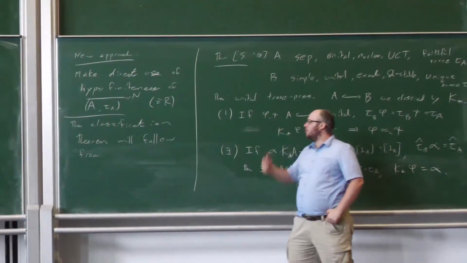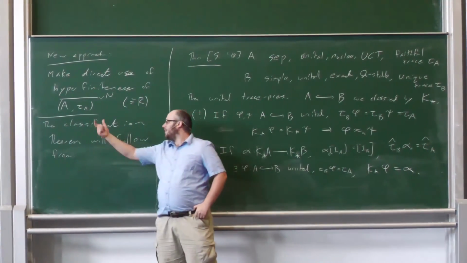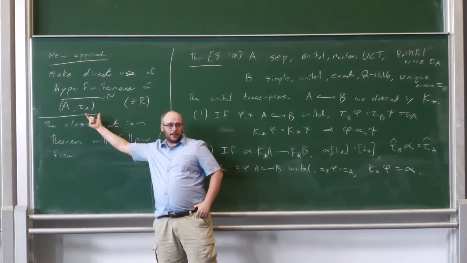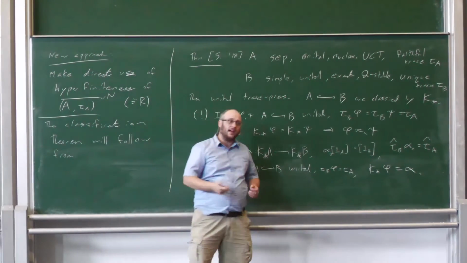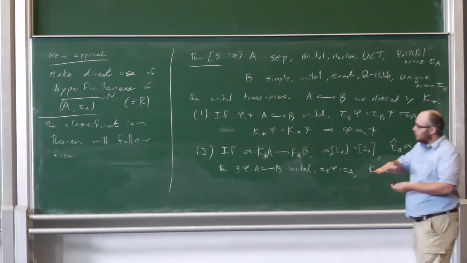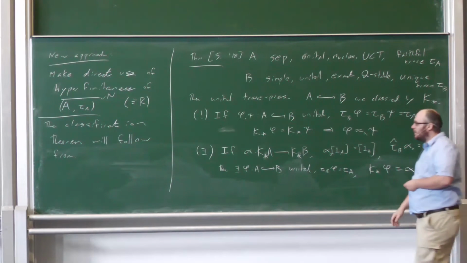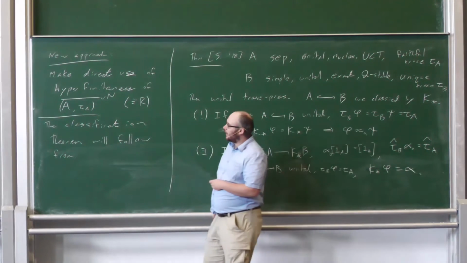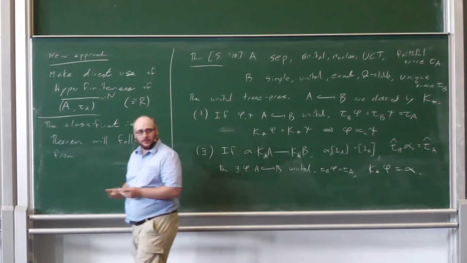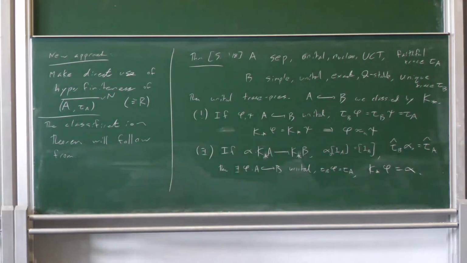And then I guess you do need something: Q stability forces A to be infinite dimensional, which stops it from being Mn. A nuclear algebra with unique trace, when you complete it, you always get either Mn or R. Q stability will force it to be infinite dimensional, but nothing close to the full strength of Q stability.